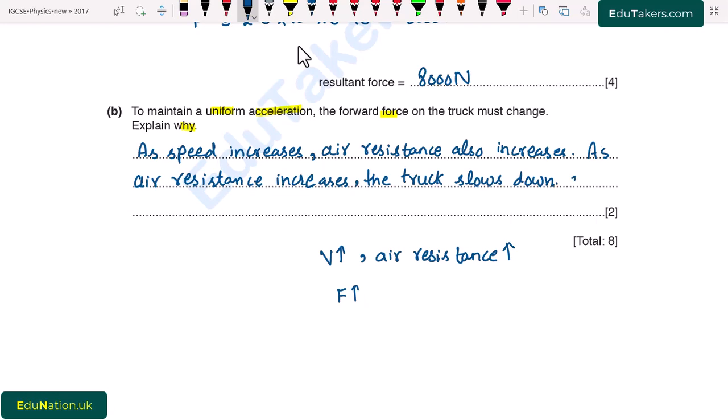So the forward force must be increased to maintain the uniform acceleration.